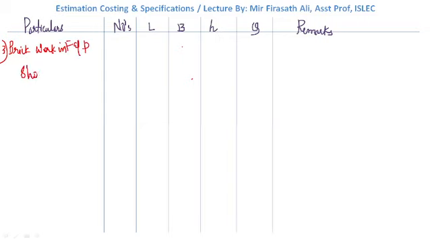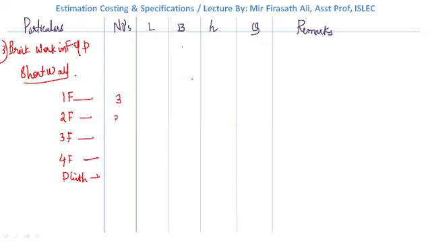We will calculate it for short wall: first foundation, second foundation, third foundation, fourth foundation, plinth. Okay, how many short walls do we have? We have 3 short walls. So the numbers will be 3 over here.